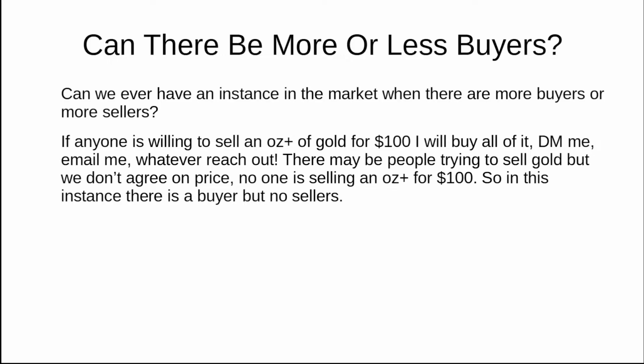Obviously I can buy toilet paper, I just might have to pay a premium price. I'm not going to be able to buy it at retail unless I happen to be lucky and walk in as they're stocking the shelves. So same thing with stocks. We need a seller and a buyer for a transaction to happen that both agree on the same price.